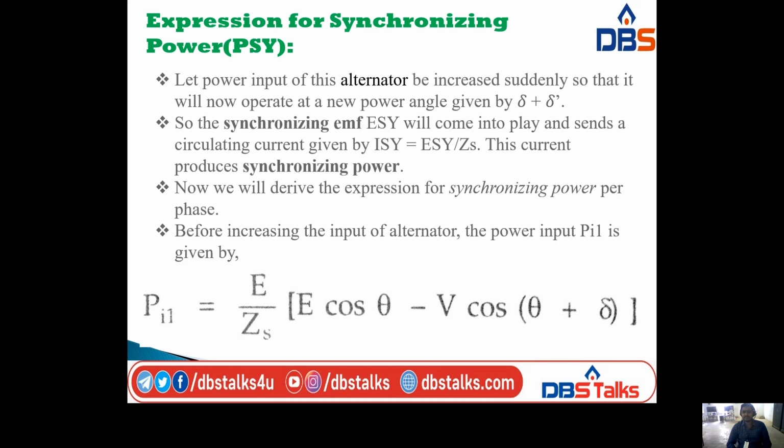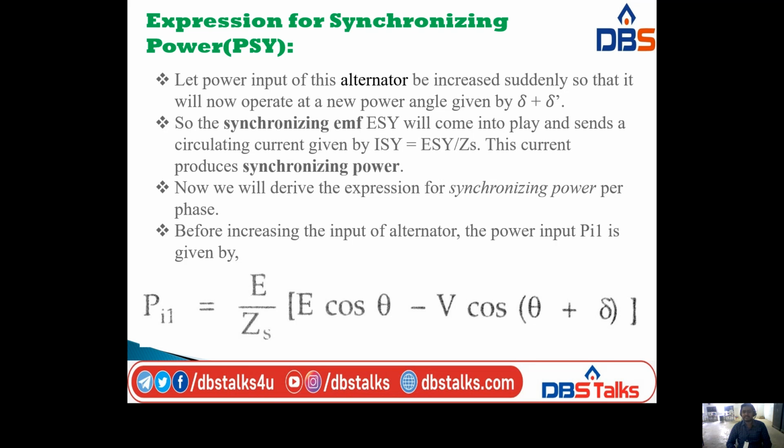So the synchronizing EMF, E suffix sy, will come into play and send a circulating current ISY, that is synchronizing current, equal to E suffix sy by Zs, the synchronizing EMF by synchronous impedance, and this current produces synchronizing power.